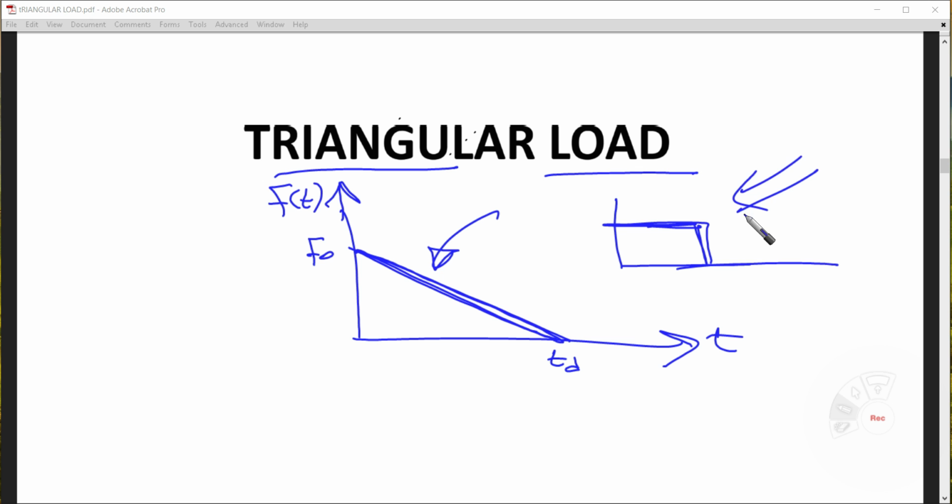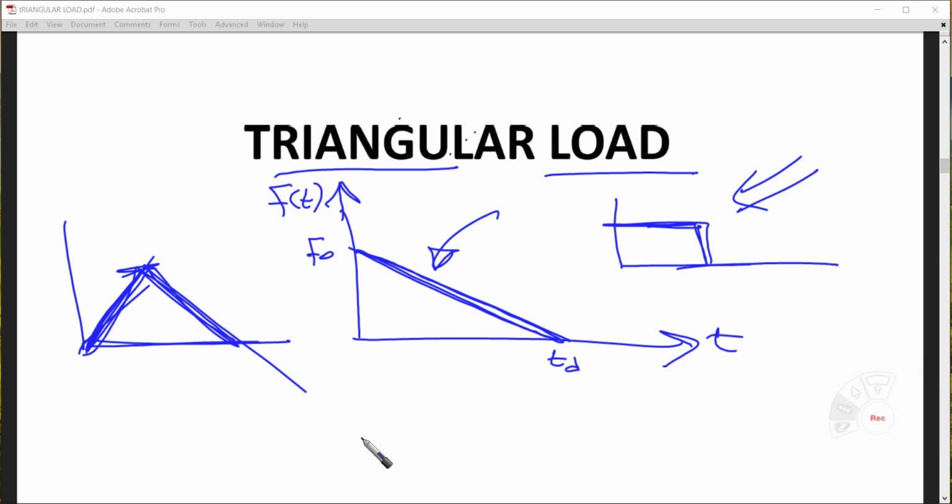Or we can have something like this, which has the maximum here, goes up and then goes down. These are known function patterns for which we can develop the equation, or at least we know the equation that describes the force.